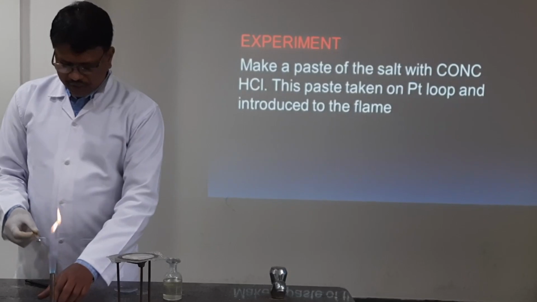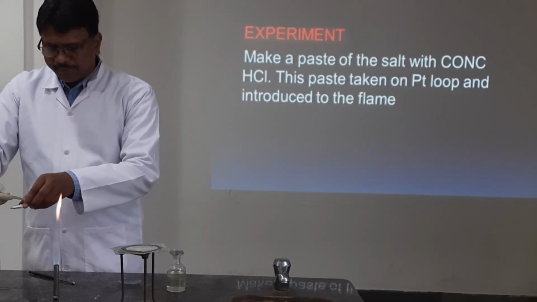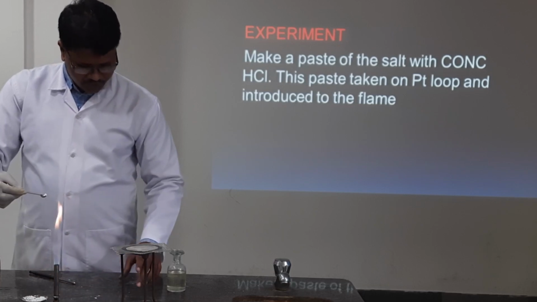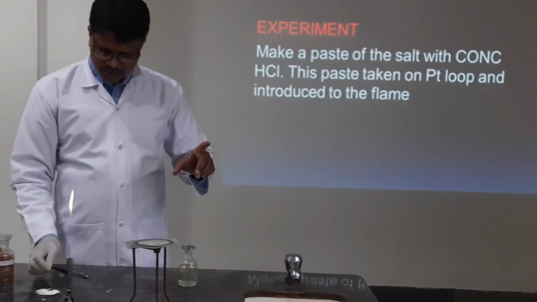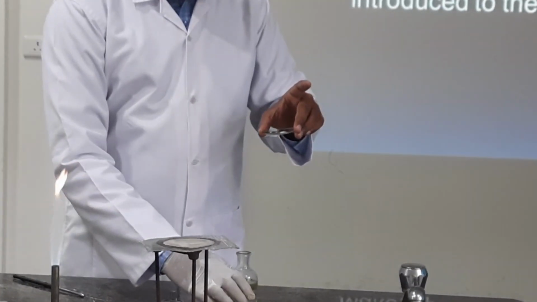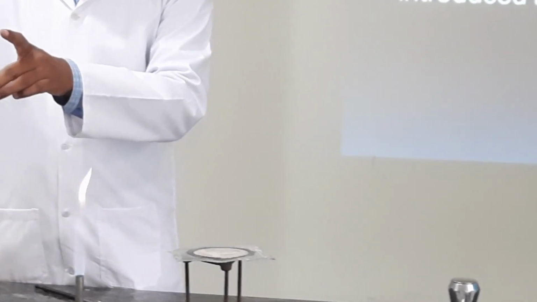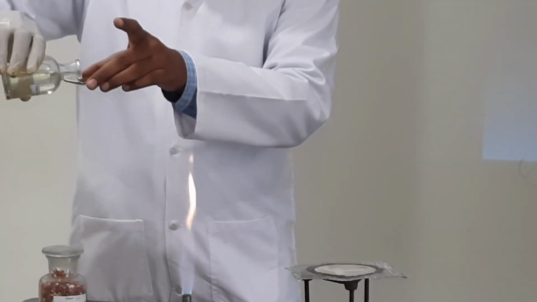here this is the given salt, unknown salt. This salt is taken into a watch glass. To this salt I am going to add a drop of concentrated hydrochloric acid.